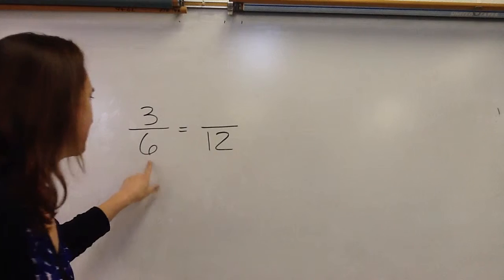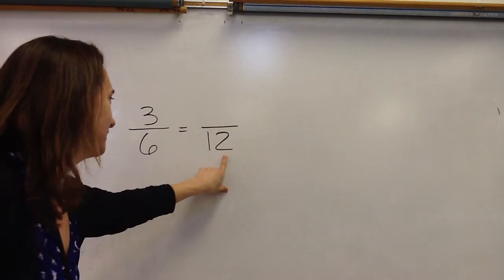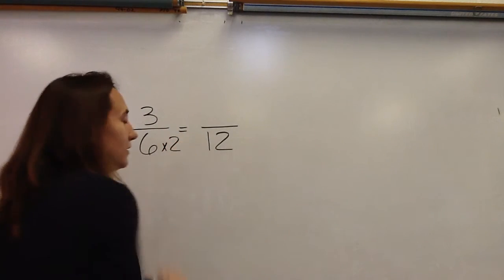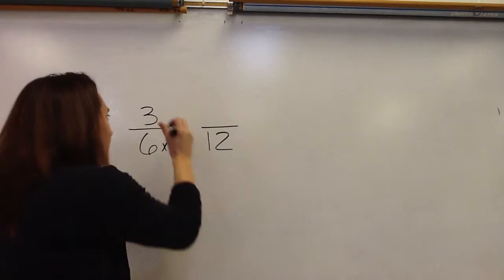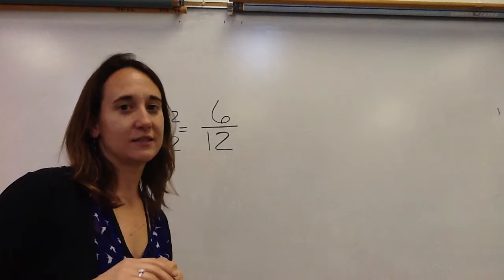Okay, what can we do to this 6 to make it into a 12? Or how many times would 6 go into 12? So it goes into it 2 times because 6 times 2 is 12. Whatever we do to the denominator, we also have to do to the numerator. So of course that would be 6/12.